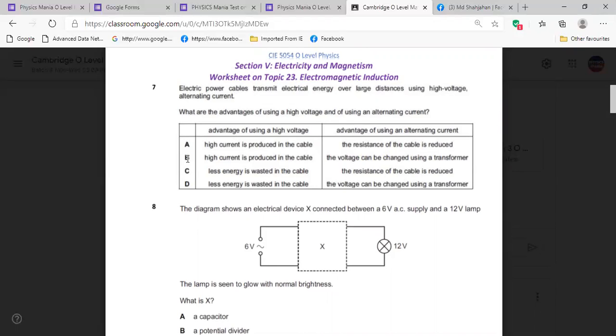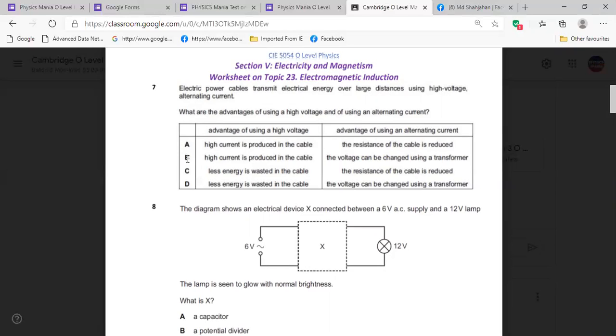Check what is written there. Current will be less. If current is less, then what is the benefit?